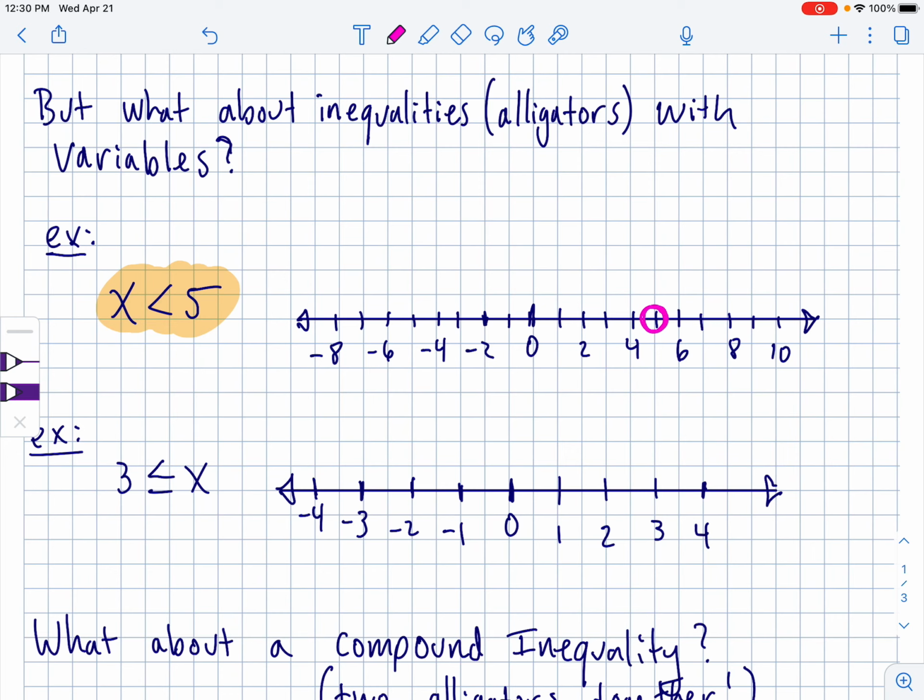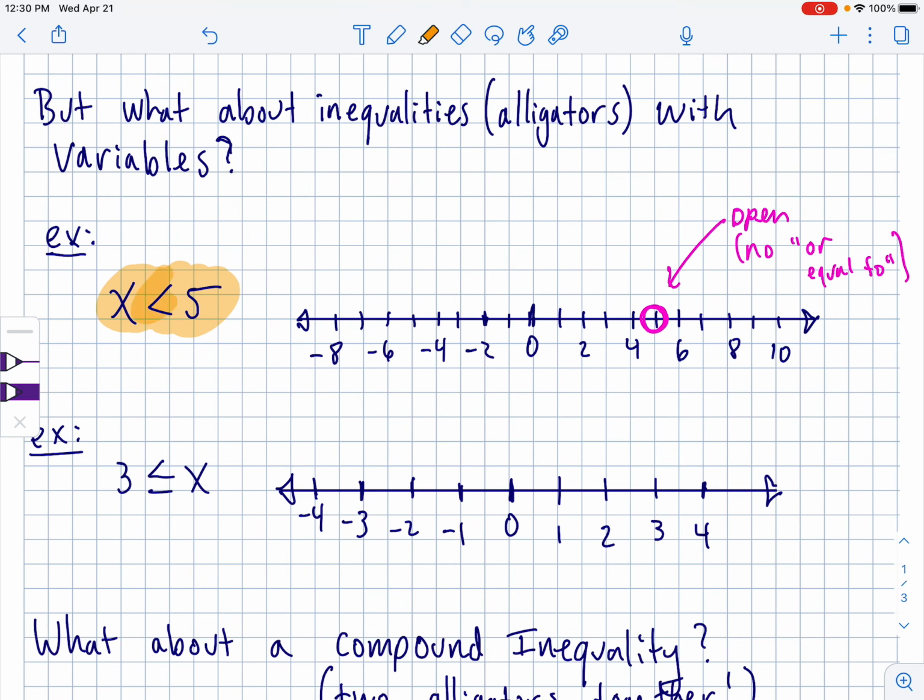So open circles are for anything that doesn't have an or equal to. I'll make a note about that.